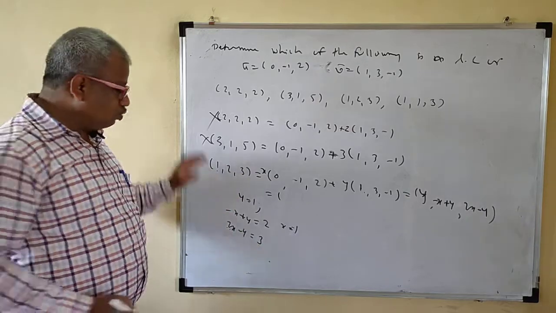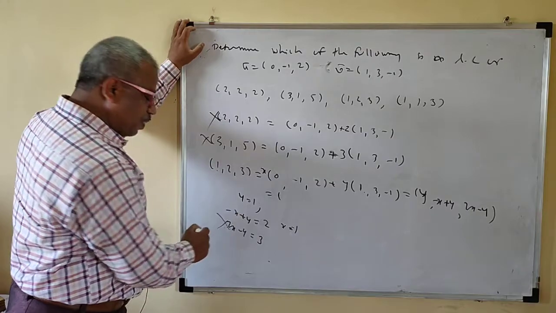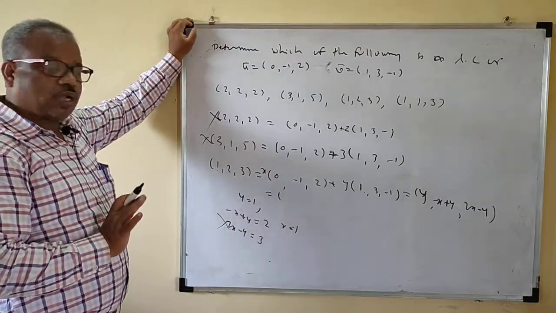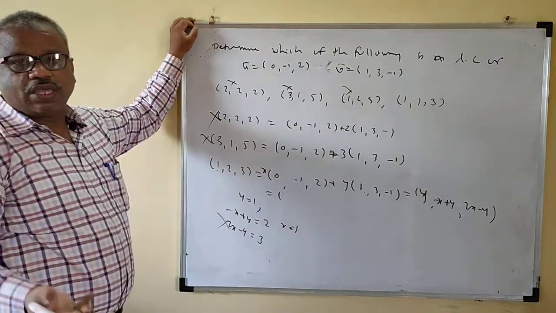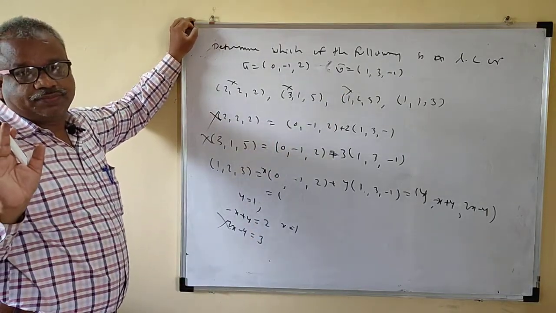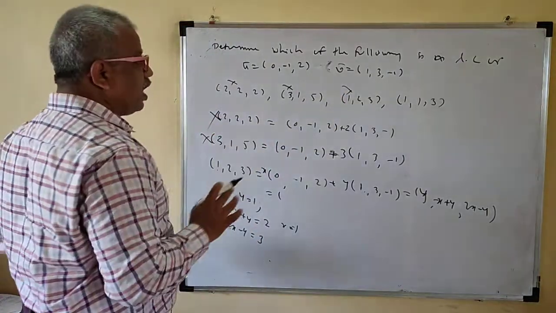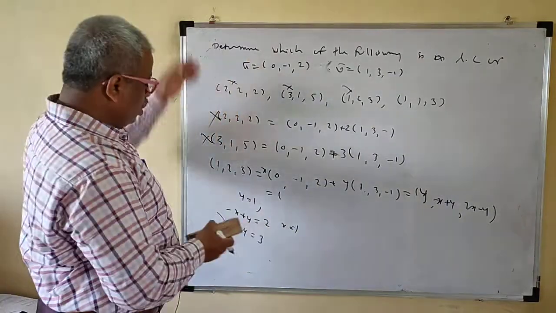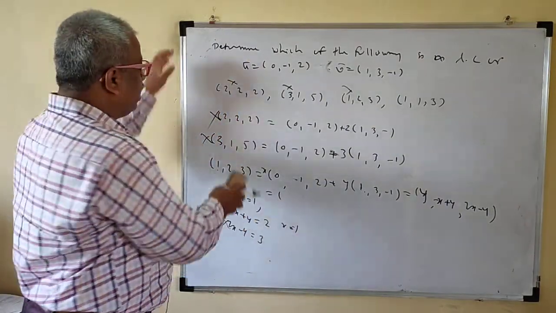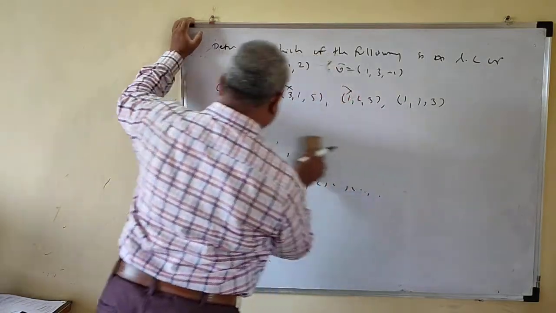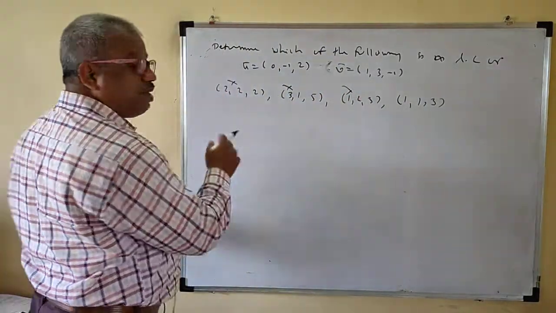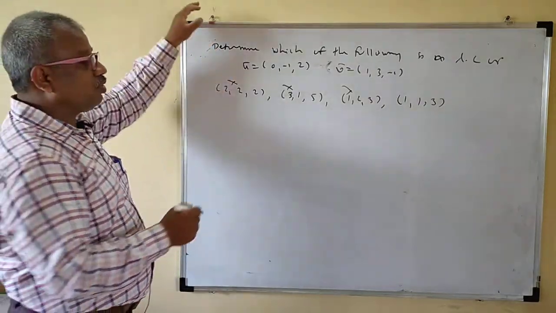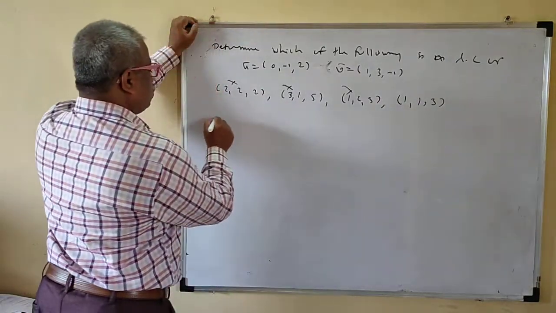So that means this x and y do not satisfy the third equation. So this is not. Okay, so don't check for the last one. It always belongs to this if you did your calculations correctly. Now we check whether it belongs or not, whether it satisfies this condition or not. In this way, you have to check whether it is in the linear combination or not. So see (1, 1, 3).